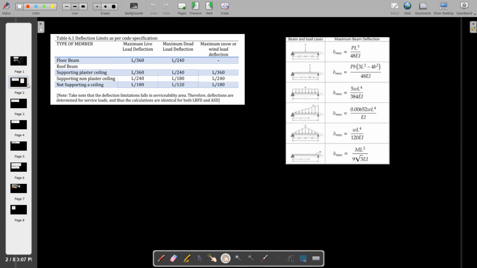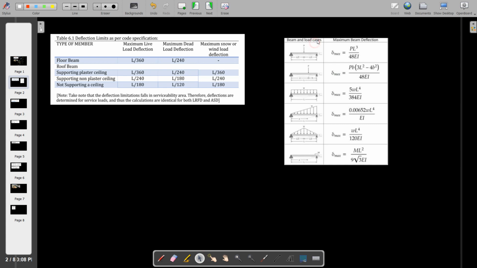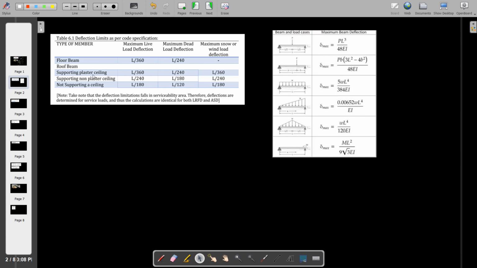Okay, so in the code, we have here the allowable deflection in the code. Okay, so for a floor beam, we have here the maximum live load deflection, the maximum dead load deflection, the maximum snow or wind load deflection. So if we wanted to check the deflection provisions, we just have to perform this.